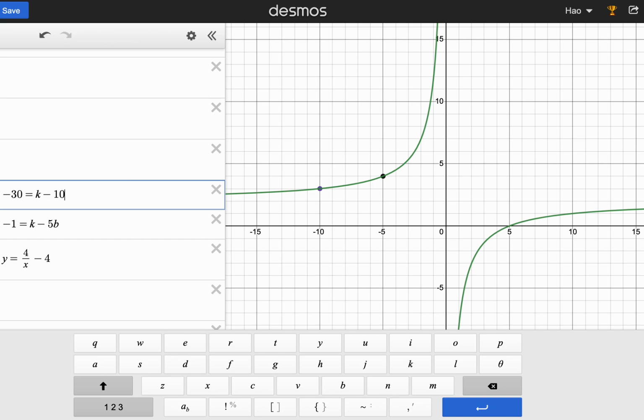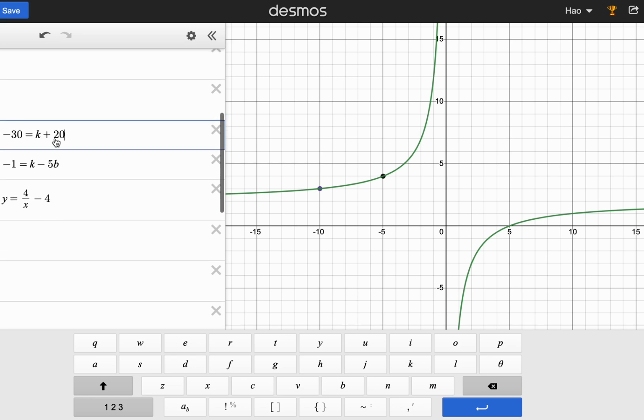we just replace it, and it will be multiplied by 2, and this will be plus, and therefore this is 20. So what is k? It's -10, right?